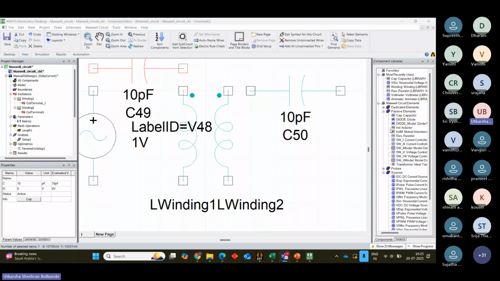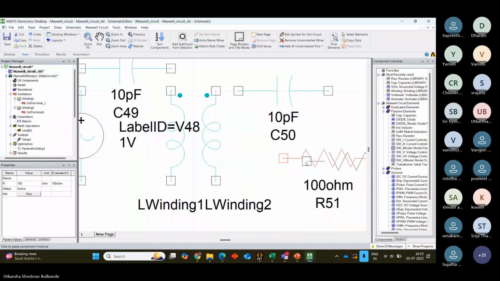And now what is left? Load. For load, we are using a resistive load. Just drag and drop it here. Understood? Whatever elements you need from your component library, you can drag from here and drop on your screen. Okay? Fine.